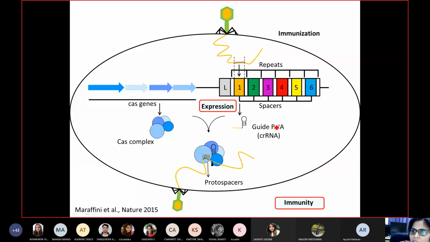This RNA is then processed into the final pieces, which are called guide RNA. This guide RNA is then able to move the Cas proteins. The Cas proteins, together with the guide RNA, come and bind to the protospacers. For this protospacer binding, they also need one important motif called the PAM motif. I will come to it later.